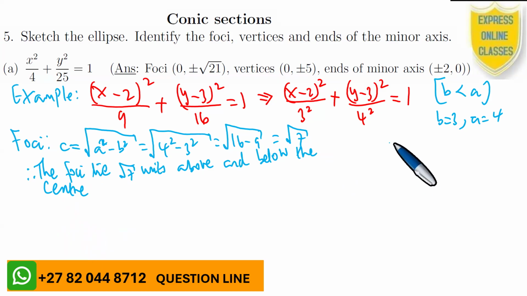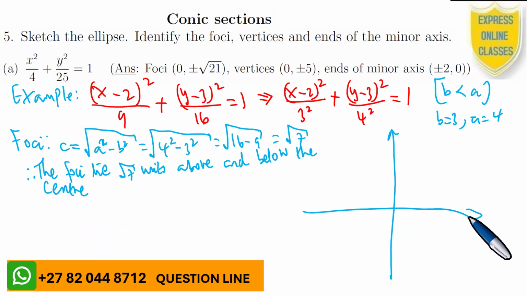Now let us draw a rough sketch of what is happening here for this ellipse. When we do this, we can see that it is x minus h squared over the smallest one, which is the b, and the biggest one becomes the a.